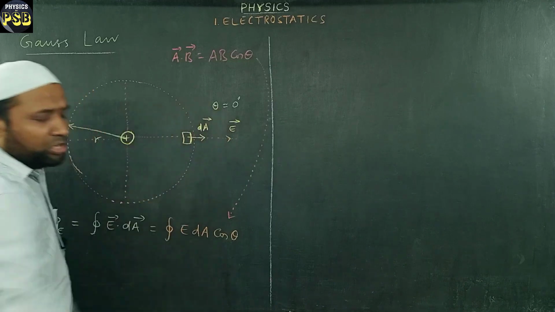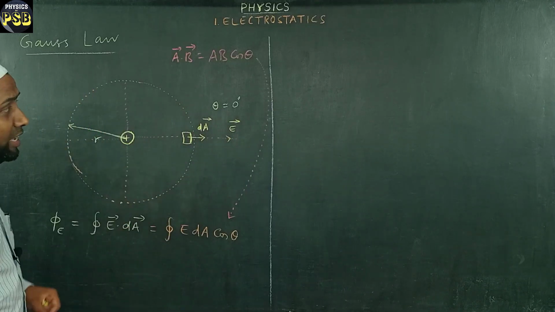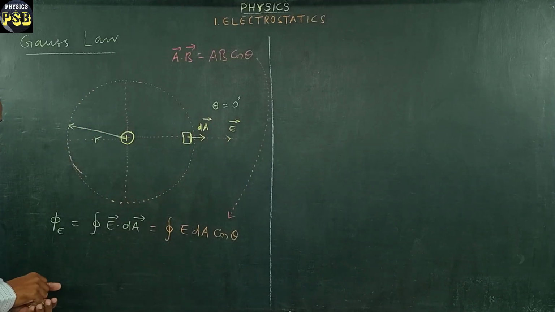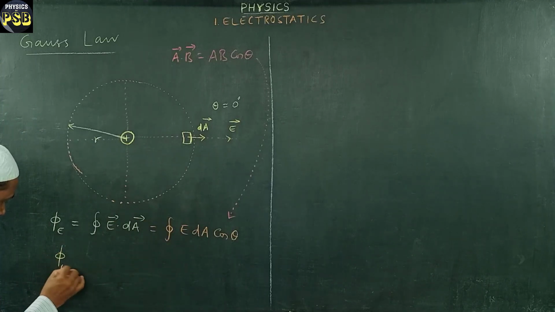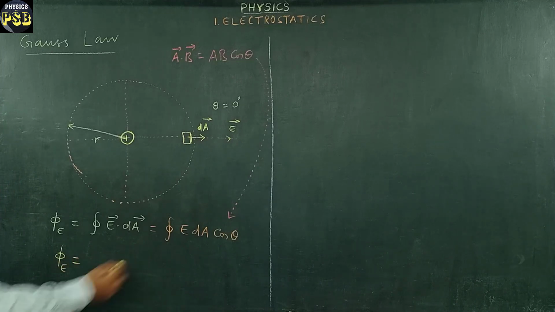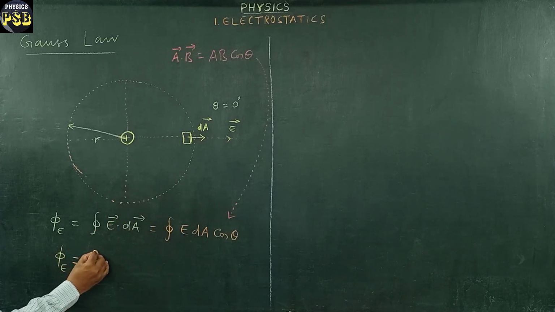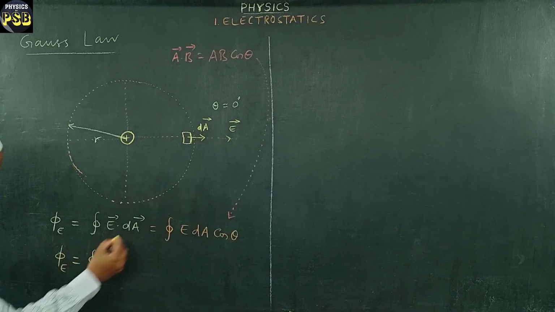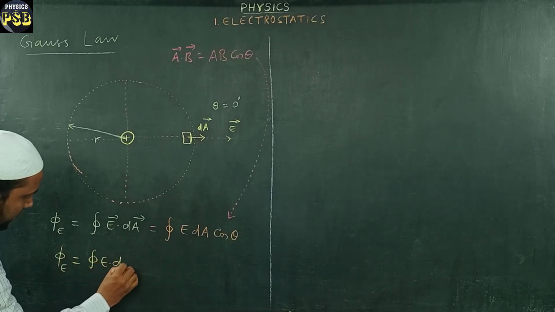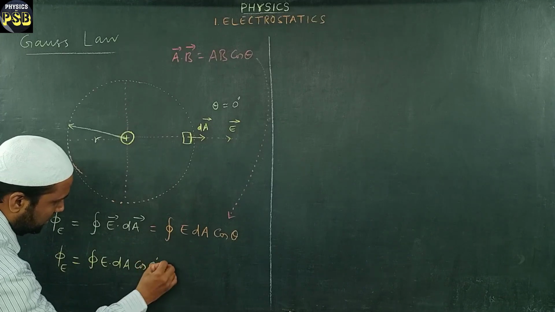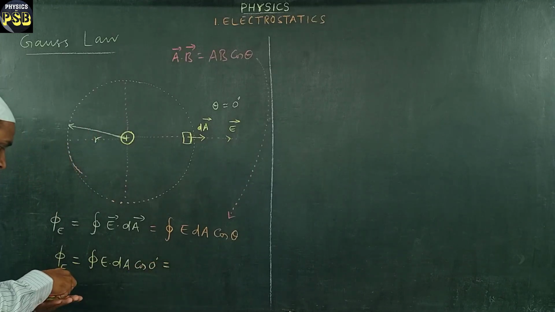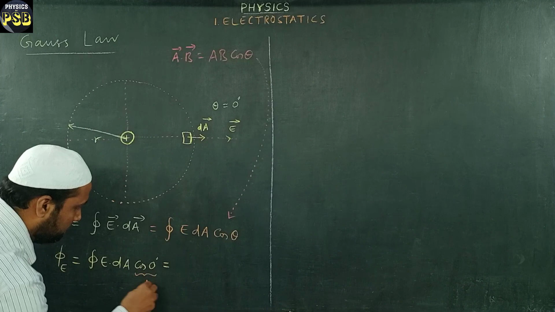Now, already I told you the value of theta is 0 degrees. So this equation will become phi E equals closed integral of E dA cos of 0 degrees. Here cos of 0 is 1.